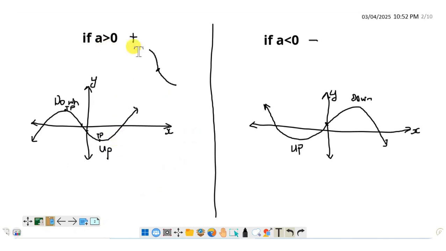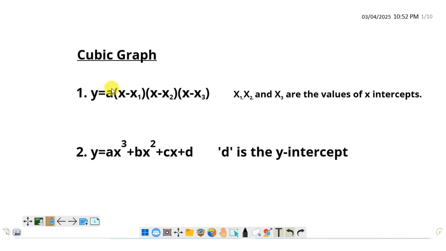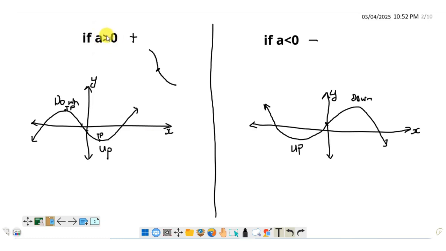Now, the value of a. If the value of a is positive, the graph starts like this, with a curve concave down, with a turning point, the highest point of the graph curve.